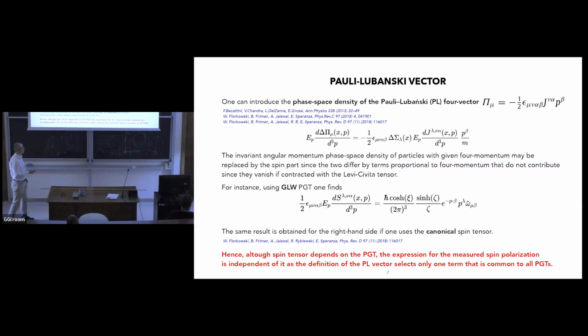So from this study, it is not clear, at least at the level of the studied pseudo gauges, we are left with this very small set of pseudo gauges, which is GLW, HW, canonical, possibly also the phenomenological, and maybe some others which are not really used in the phenomenology. But if you take this small set, then you will find that they don't matter at this level.